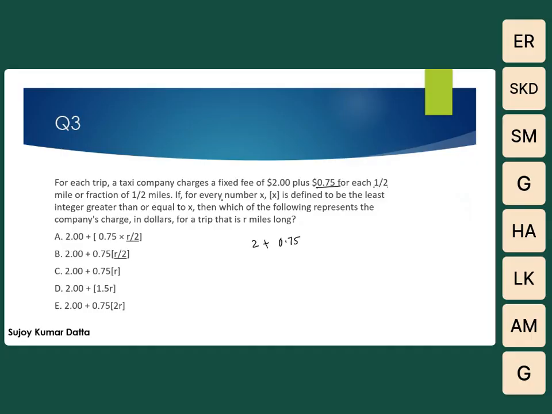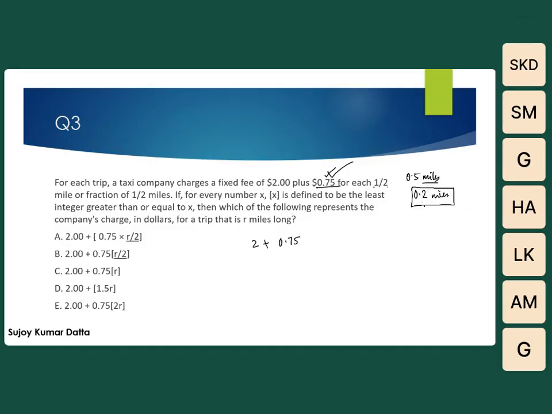If you have traveled 0.5 miles exactly, then you pay 75 cents. But if you have traveled 0.2 miles, then also you pay 75 cents, because you have traveled not half a mile but a fraction of half a mile. So for a fraction of half a mile also you'll have to pay 75 cents.